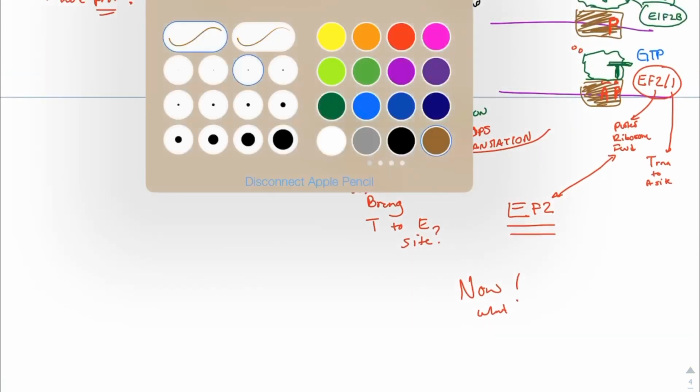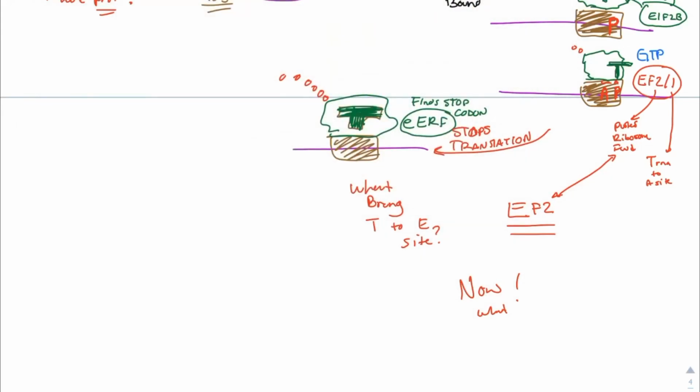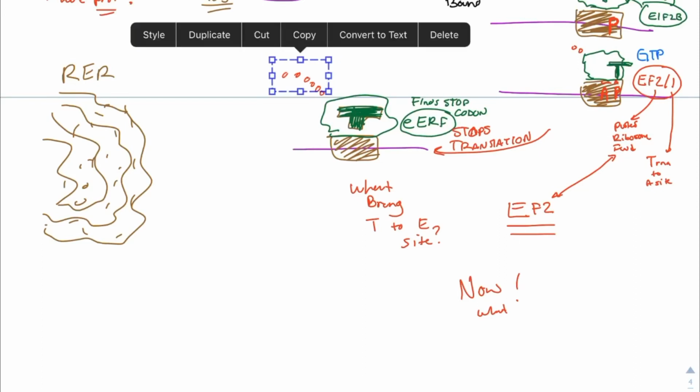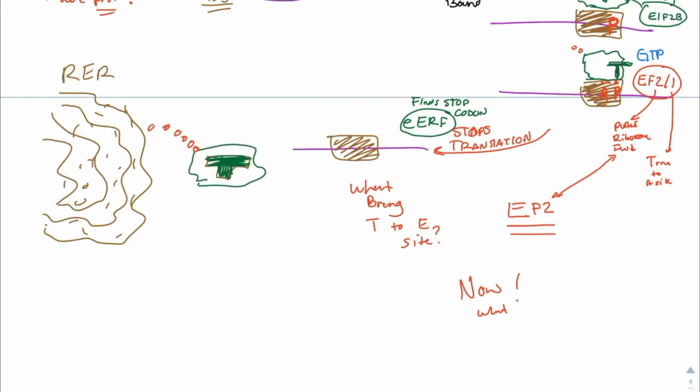Now we have to understand what's going to happen to the signal peptide sequence. So we have the signal peptide sequence, and basically what's happening is in the rough ER, remember, the peptide sequence gets translocated into the lumen. How does it get translocated into the lumen? By binding SRP protein.